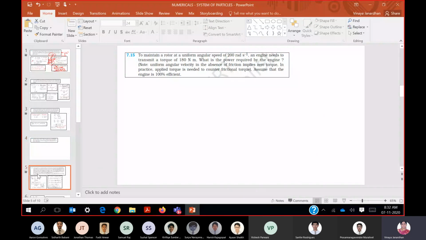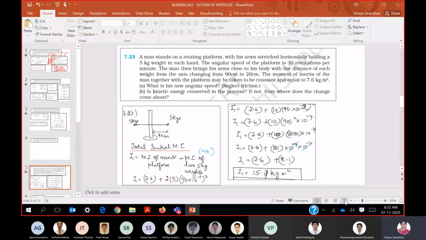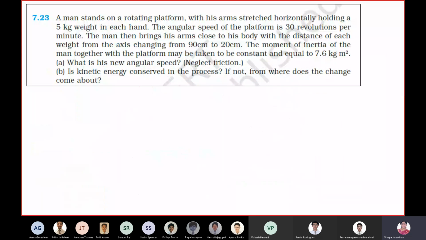This I'll come back to. This is direct substitution. This you should understand the concept, boys. Before I do this, we have been watching a video clipping. Do you remember? A person having weights in his hands, sitting on a turntable and rotating.